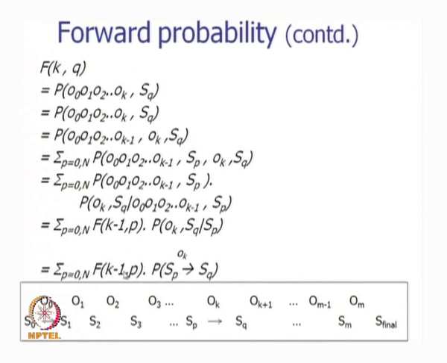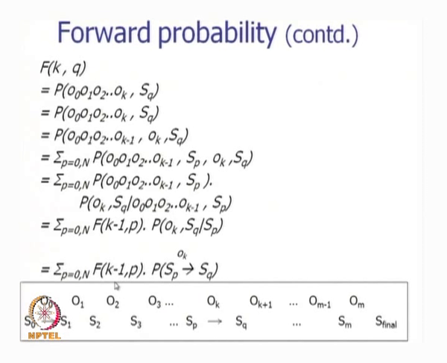And each of these can in turn be computed from F k minus 2 and another index, let us say t, varying from 0 to n, and this way the whole computation can be completed.